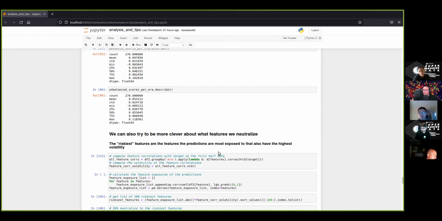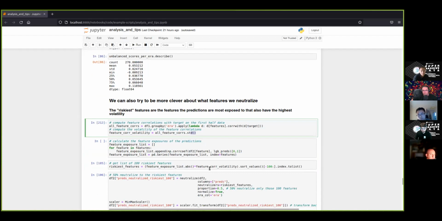Just do something simple like looking at the correlation of a given feature with the target in the training set, and then computing the standard deviation of that as an estimate of the volatility, or how unstable that feature is. Then if you multiply that by your feature exposure of a given model and sort by that, you can basically find what I'm calling the riskiest features.